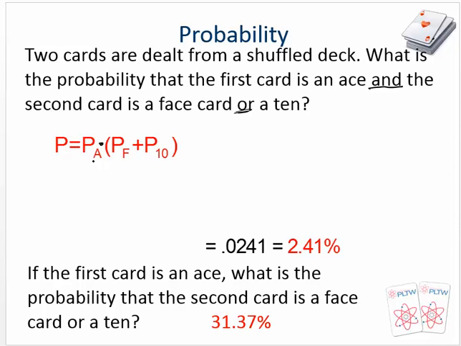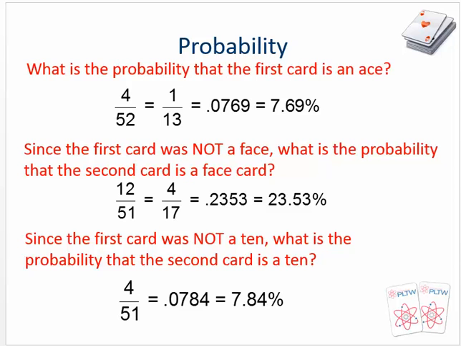Remember that the probability of an ace was 7.69%. The probability of it not being an ace but a face card, the second one, was 23.53, and the probability of it being a 10 on the second one is 7.84%. So let's plug these into our equation.